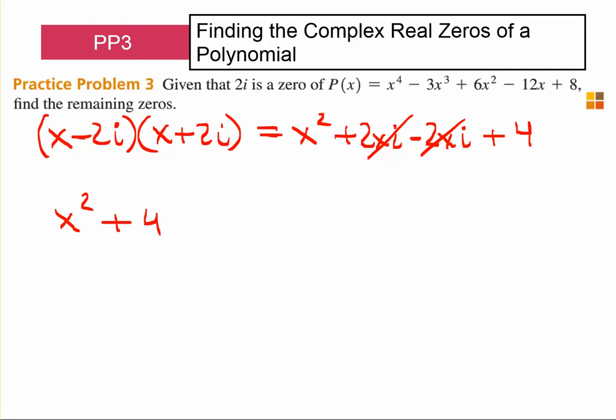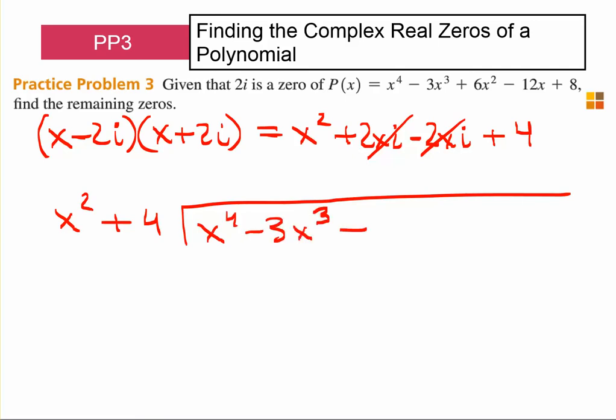Okay, I'm going to use that, x squared plus 4, and I'm going to divide it into this humongous 4th degree polynomial. All right, and notice what it says here.